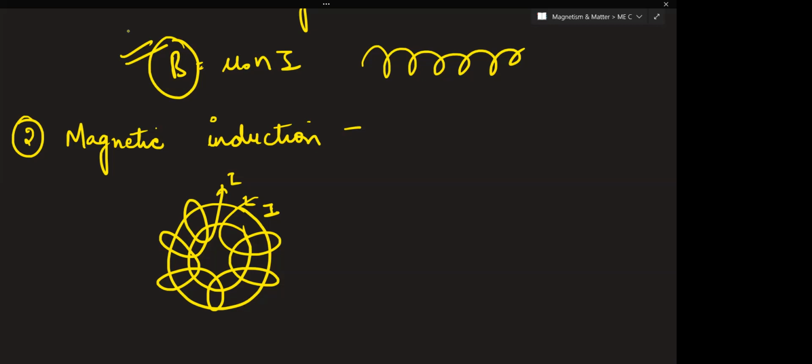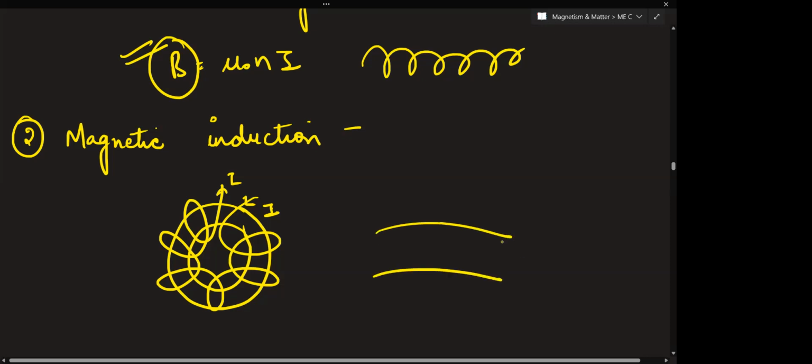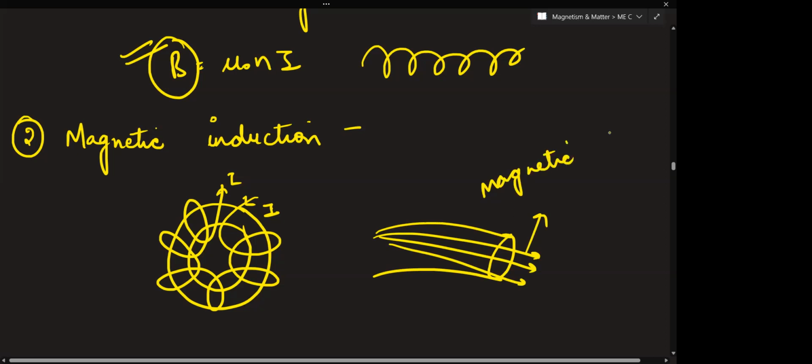The best definition to understand it: whatever are the magnetic field lines, let's say these are magnetic field lines, the lines that are crossing unit area normally, where the area is 1 meter square, we call it magnetic induction.